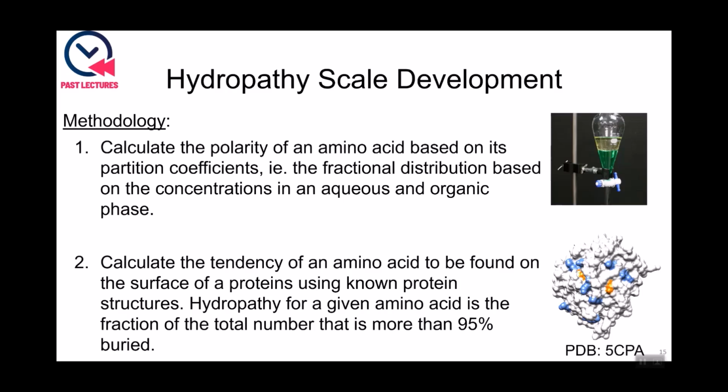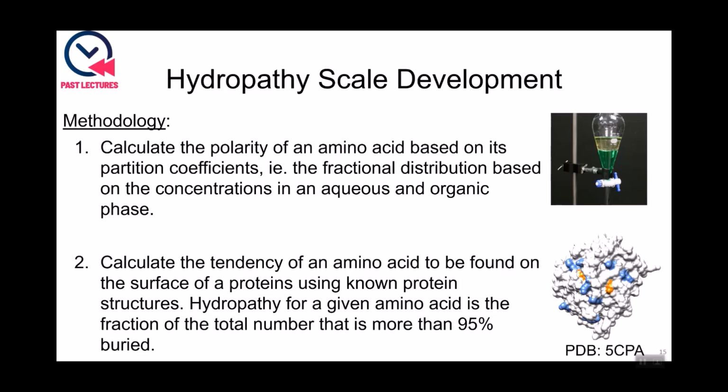Essentially, what you'd be doing is looking to see how buried each residue is. So on the right is a structure of carboxypeptidase A, which we've talked about before. And if we just use lysine as an example, we've got these blue residues on the surface, these charged amino acids, and say we have 10 lysine residues in total, where 8 of them can be seen on the surface, that means 2 of them are going to be 95% buried.